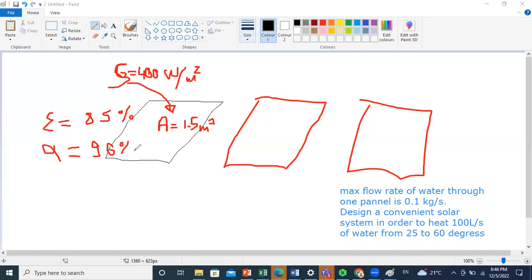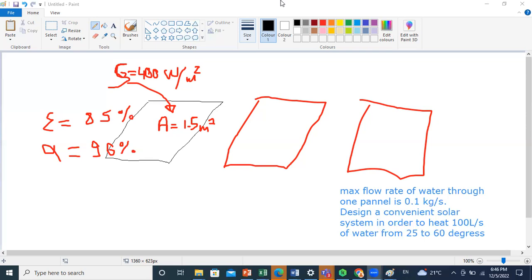So all we have to do here is to write the energy balance for the system. We are absorbing heat, and this heat is converted into sensible heat for water to increase its temperature. So neglecting losses, of course.